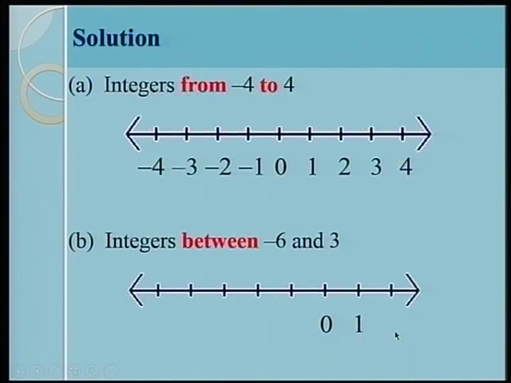Then to the right of 0 we will write the positive numbers and all the negative numbers to the left of 0. Be careful for this part here, students. We do not include -6 and 3. See, we have stopped at -5 and at 2.